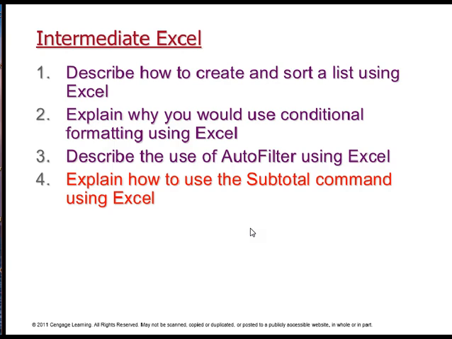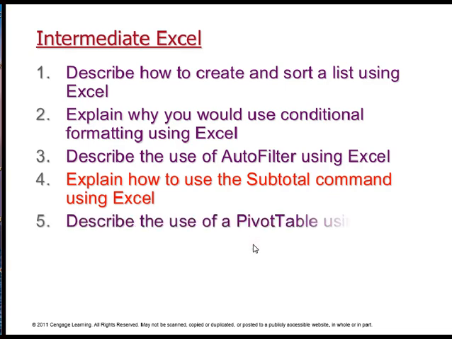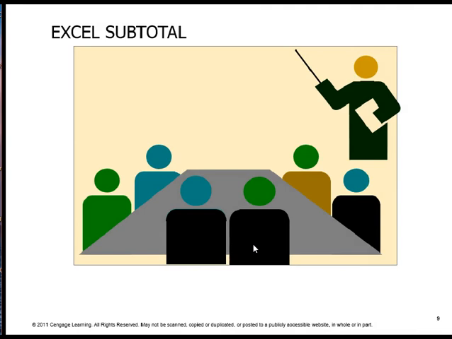The subtotals command can also display a grand total at the top or bottom of your list, and that lets you quickly add up columns of numbers. So let's go ahead and see how we create such a list of subtotals.